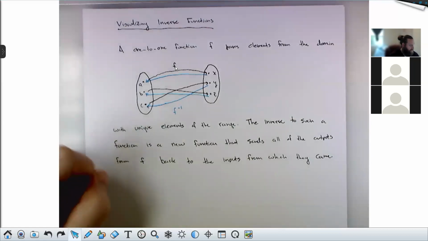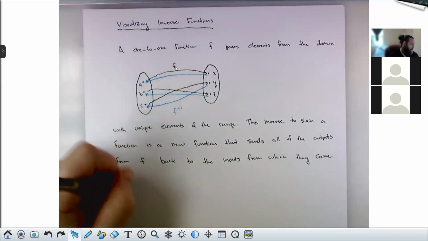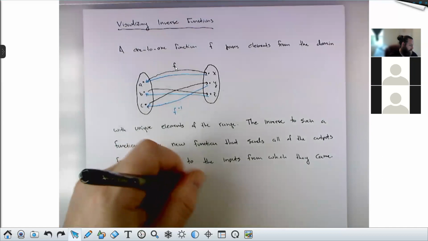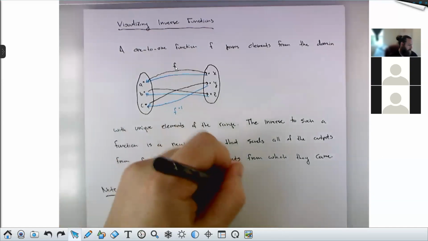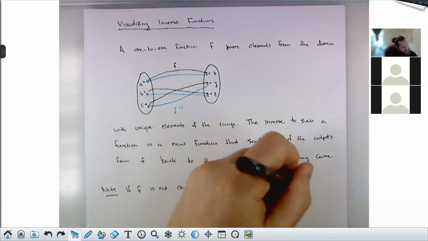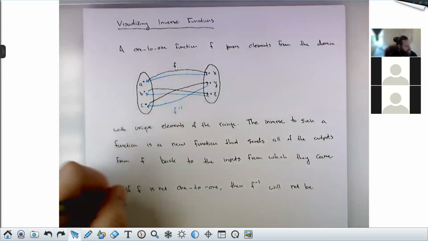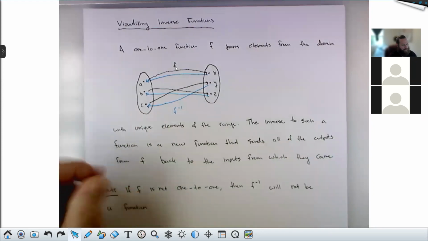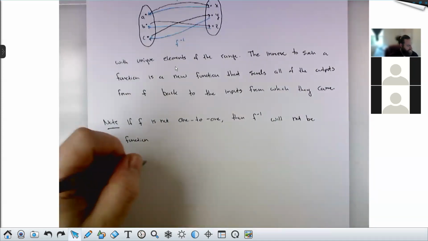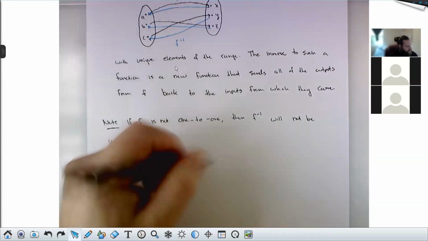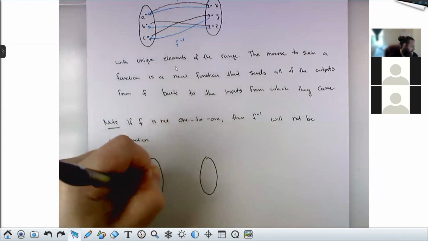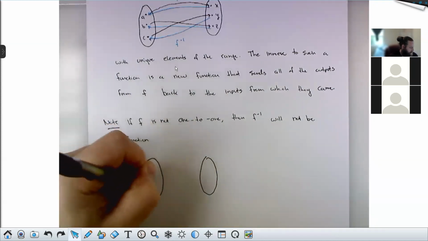So quick little note here. If f is not one-to-one, then f inverse will not be a function. Let me try to illustrate this to you. So again, let's imagine some function f has inputs a, b, and c.